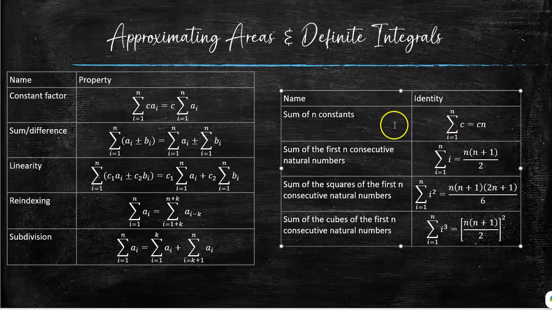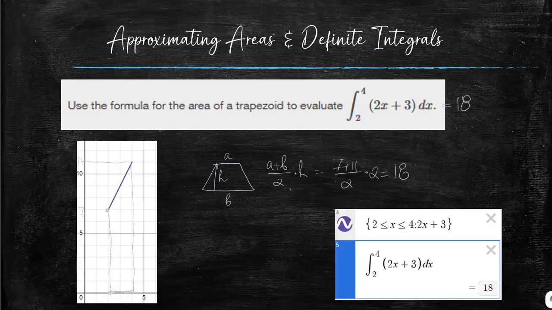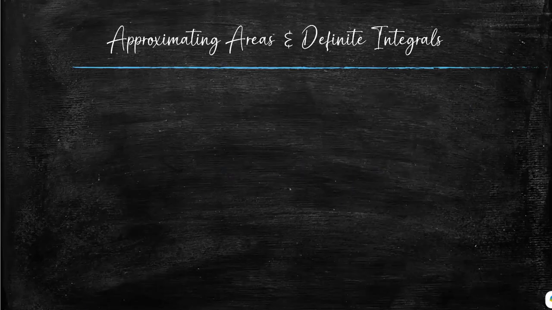And what can we do with this? With this, we can now take a simple problem, and let's not even reinvent the wheel. Let's just take the same problem: the integral from 2 to 4 of 2x plus 3 dx. And we're going to use the limit of a Riemann sum to find this integral.